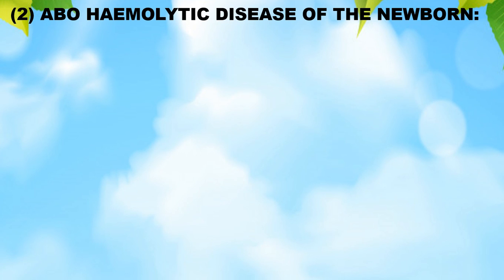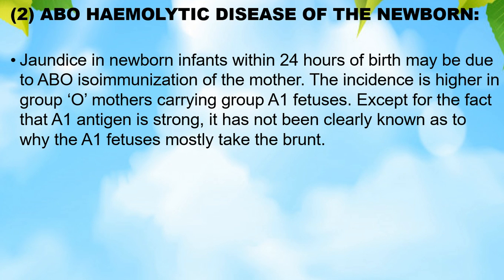Next is ABO hemolytic disease of the newborn. This is also an immunological problem. In this, jaundice in newborn infants within 24 hours of birth is due to ABO immunization of the mother. The incidence is higher in group O mothers carrying group A1 fetuses.